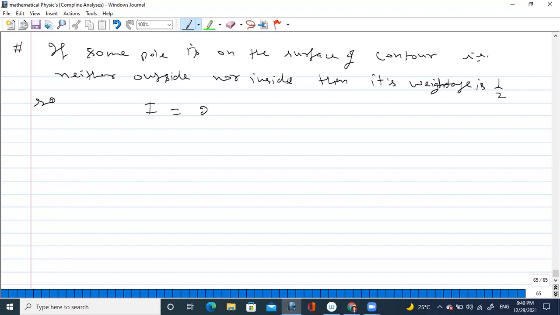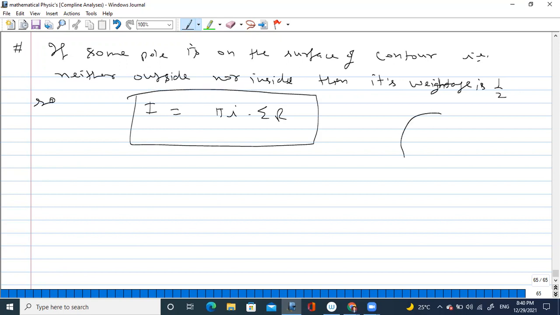So the integral will be, in place of 2 pi I, just pi I into summation r if so many poles are there, otherwise a single r. This is my contour, suppose it is anti-clockwise because I am taking the plus sign, and this is the pole z.